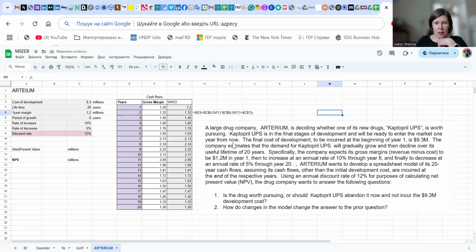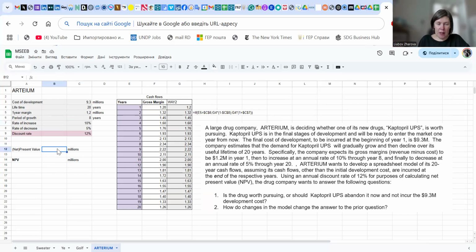If we put 6 years here, it will recalculate for 6 years. That gives us the opportunity to play with the numbers and see how it changes.